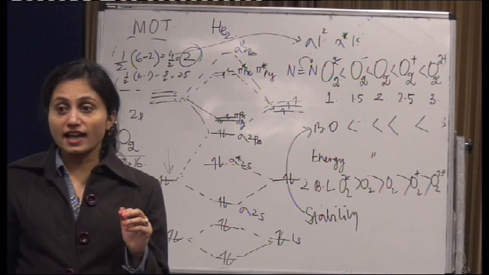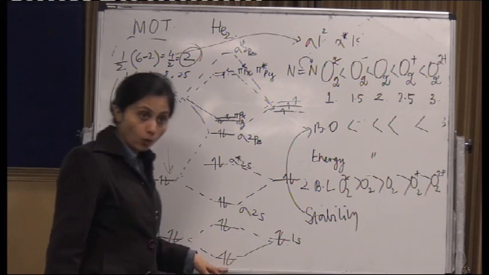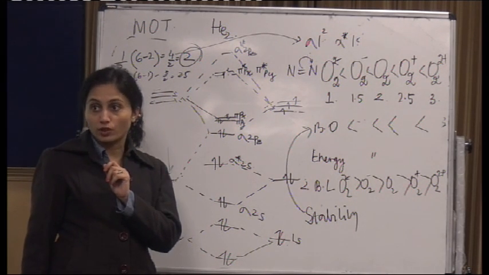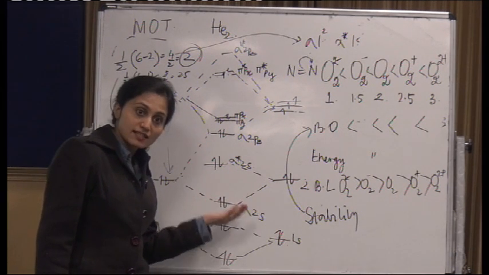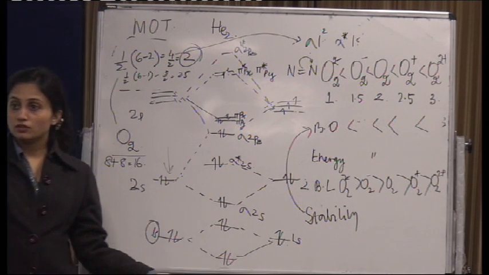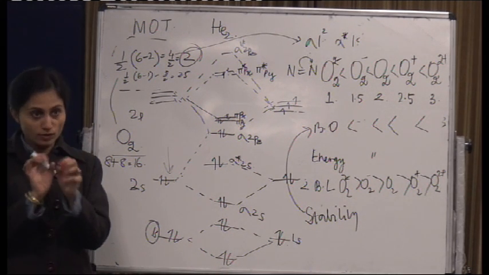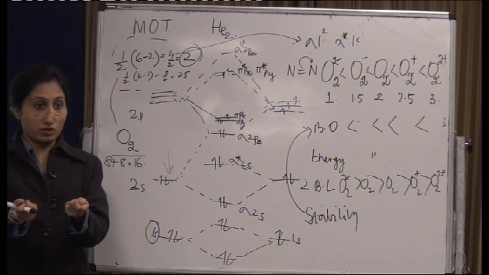Because here the energy is not the energy that we talk about. We say that whenever the orbital energy is low, we say that is more stable, because many students may be getting confused. Whenever we say that the orbital energy is low, that means it's lying lower in energy, it's stable. Okay? But higher bond energy means it's a bond which is getting formed, and the energy required to break that bond.